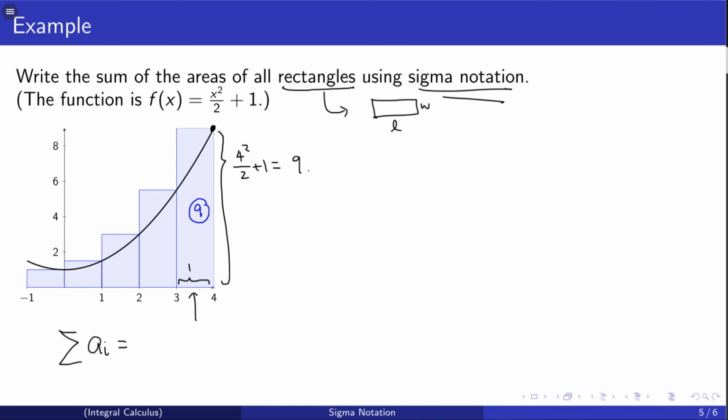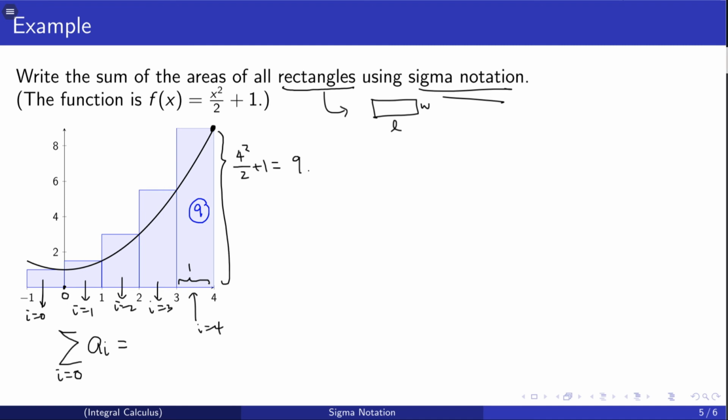And again, remember that we don't need to let i start from 1. In fact, I can let i start at 0 here. Consider the first rectangle to be the 0th rectangle, the next one to be the first, and then i equals 2, i equals 3, and then i equals 4.